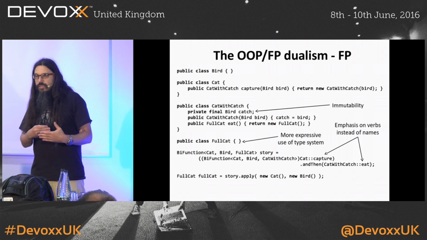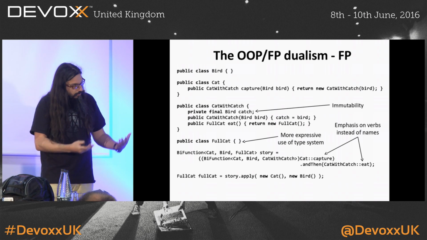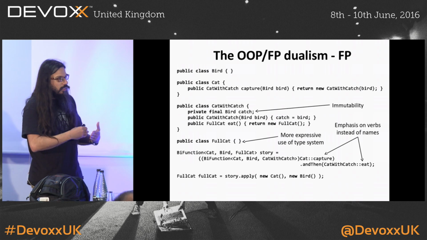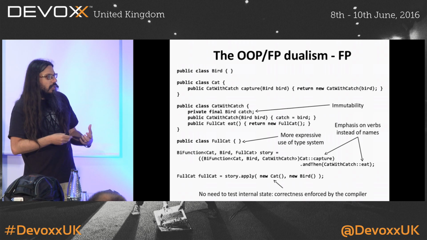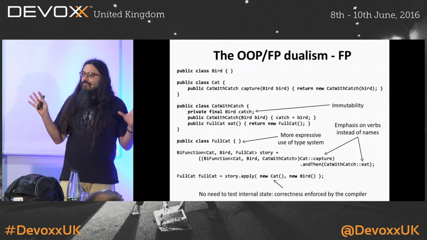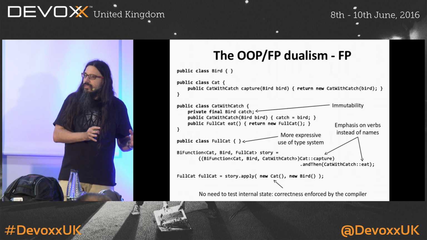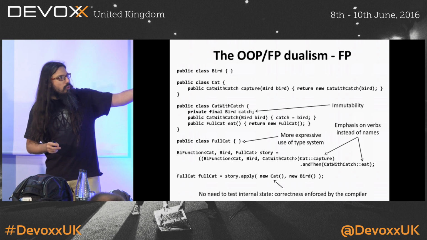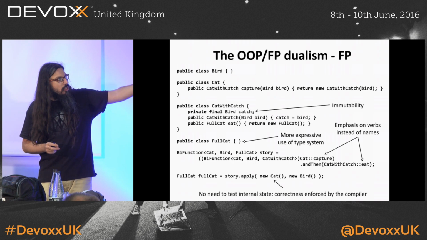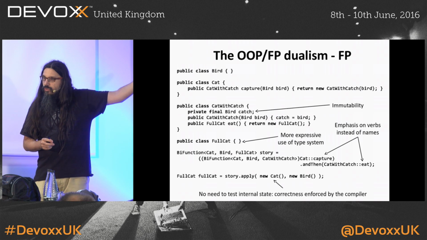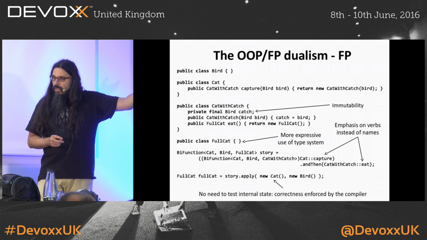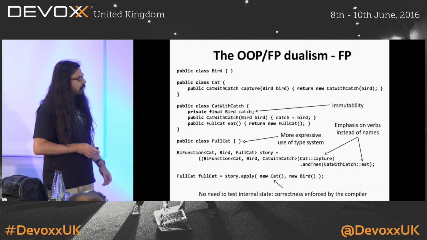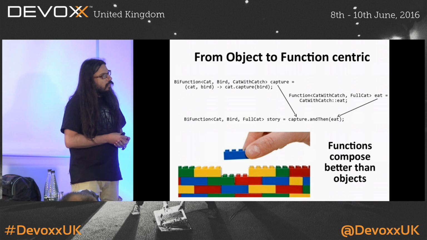The drawback of this is of course the verbosity, but the advantage is that I really don't need to test this stuff. It compiles and it works. Why? Because I'm not allowed to call the eat method on a cat that doesn't have a catch, for instance, while I could do that in the previous version.